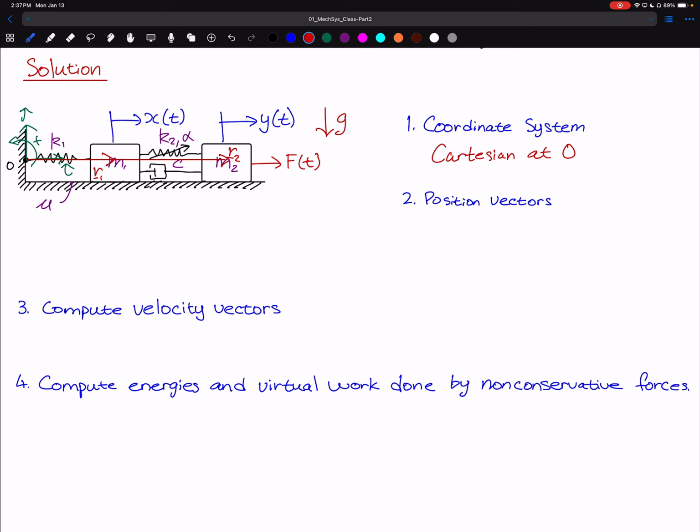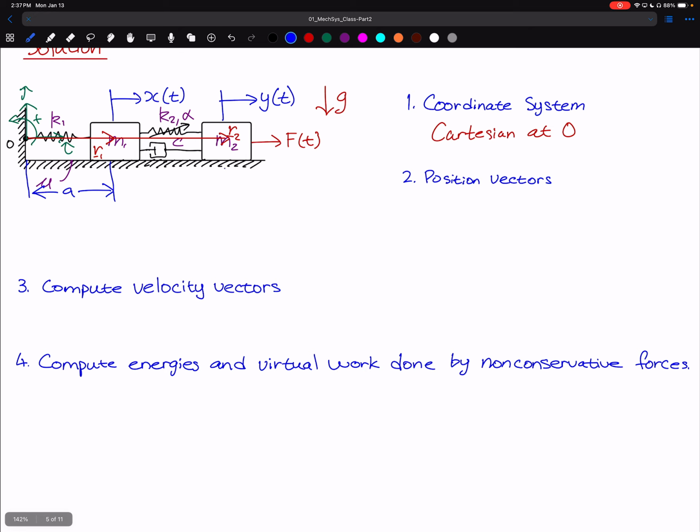We'll assume that x of t and y of t here are measured from the position of static equilibrium. And then in order to define these position vectors, we're going to need to add a few dimensions here. We'll say that this dimension right here is A, and then up to here is little b.